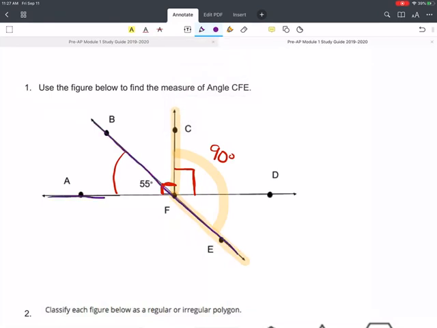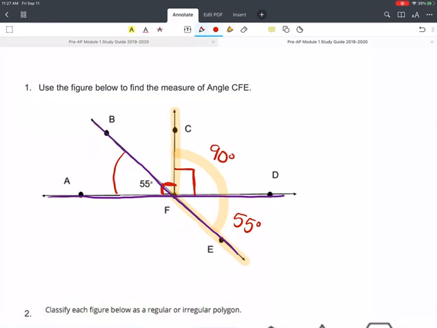Then I also see intersecting lines. Intersecting lines create vertical angles. So because I know angle AFB is 55 degrees, the vertical of that is angle DFE. So I know this angle is also 55 degrees because they are equal.